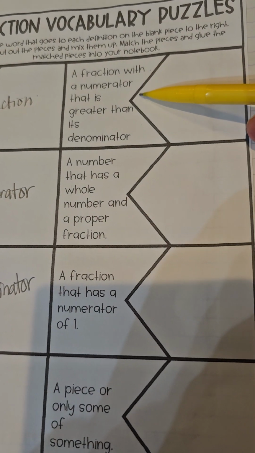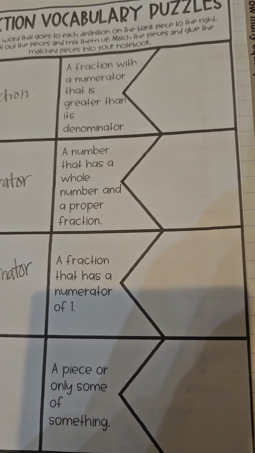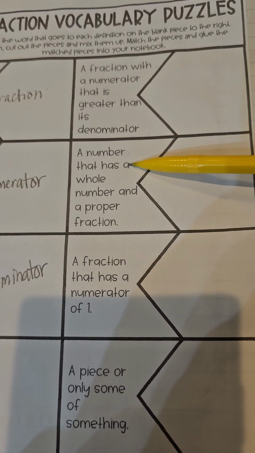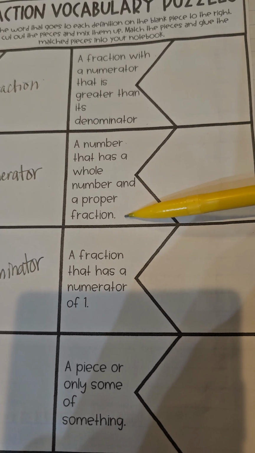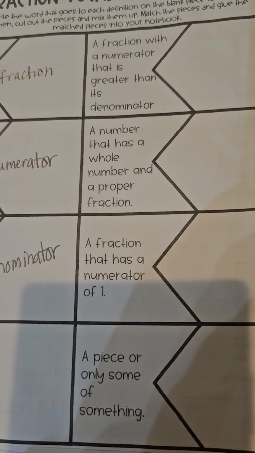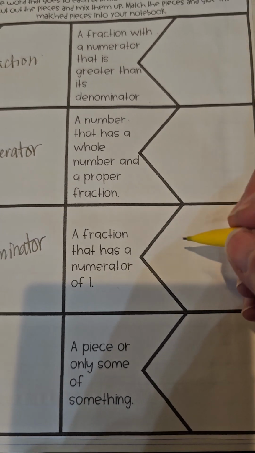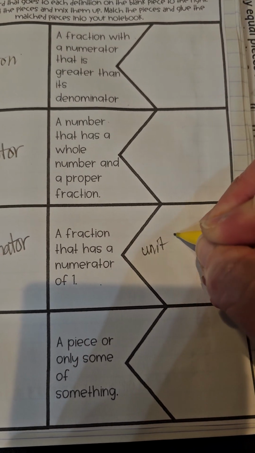A fraction with the numerator that is greater than its denominator. That doesn't sound like anything we've learned yet. A number that has a whole number in an improper fraction or proper fraction. A fraction that has a numerator of 1. That's definitely a unit fraction.